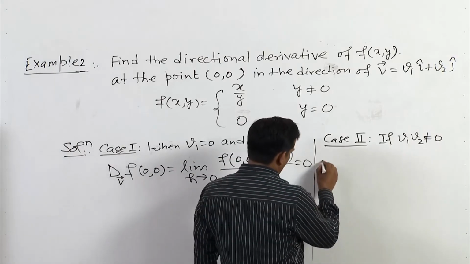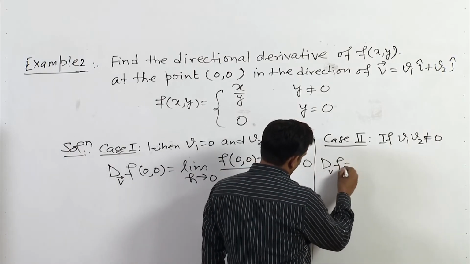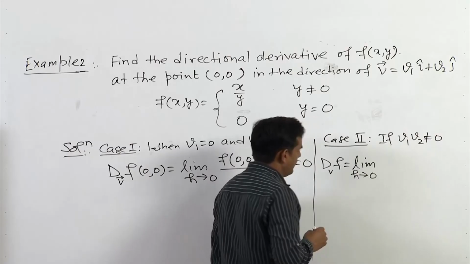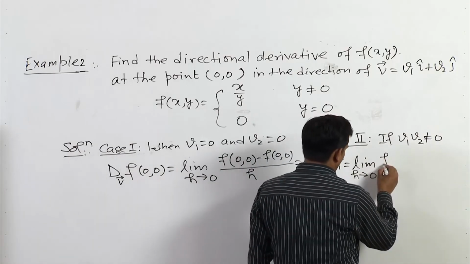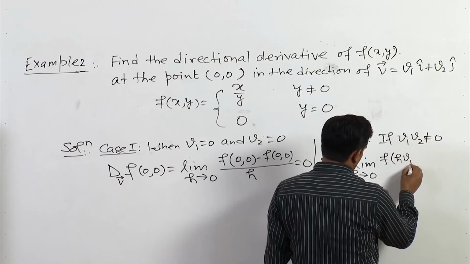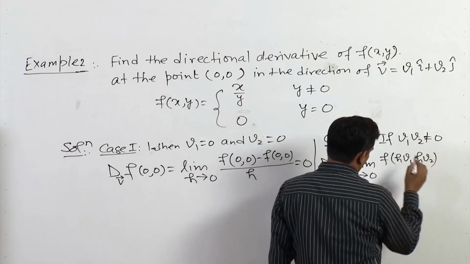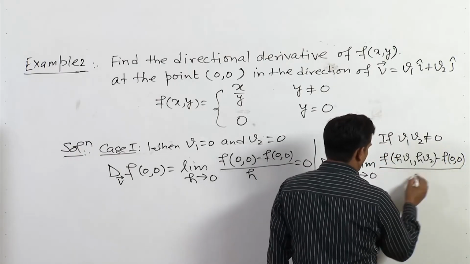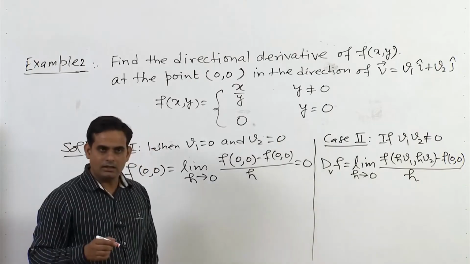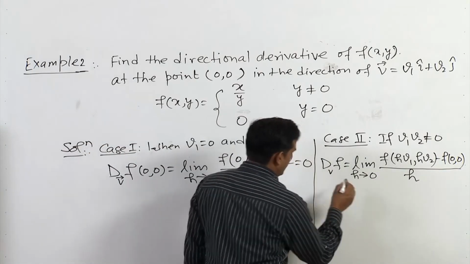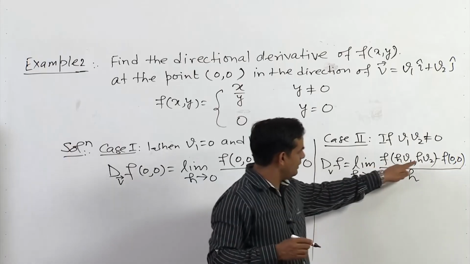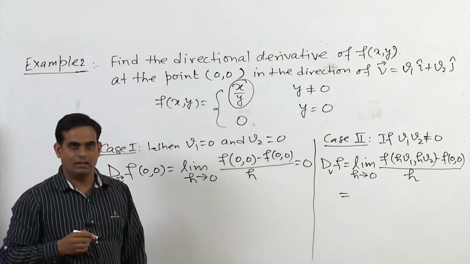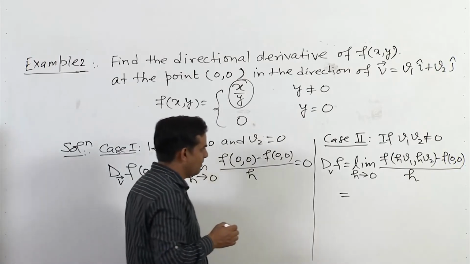In this case, the directional derivative is the limit h tending to 0 of f of h v1, h v2, minus f of 0, 0, upon h. As you know, v1 is not 0, v2 is not 0, so we have to consider this case of the definition of f of x y.